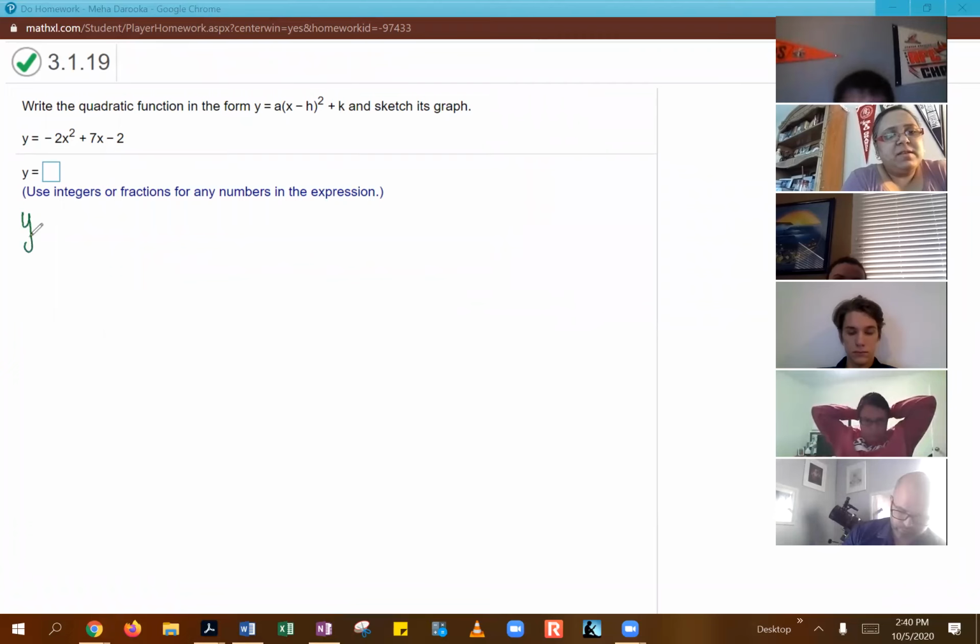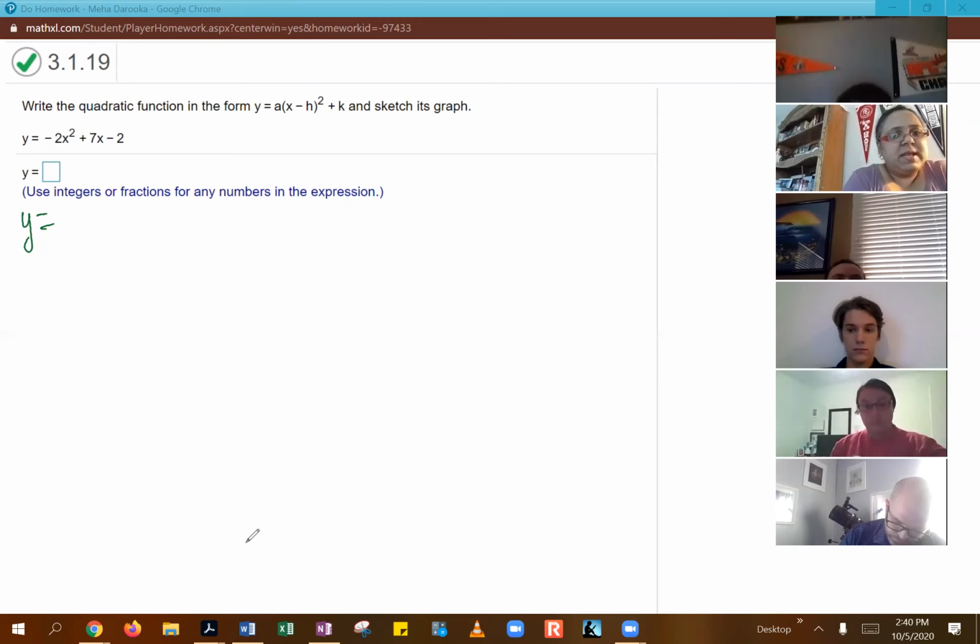So we are given y equals negative 2 x squared plus 7x minus 2. So again, our leading coefficient we know should not have that negative 2 on it.